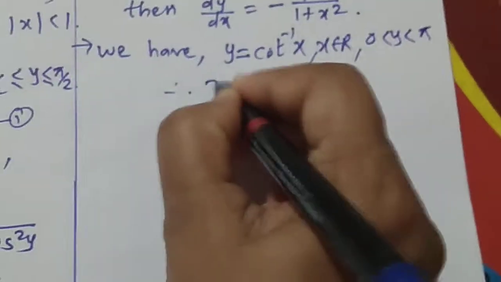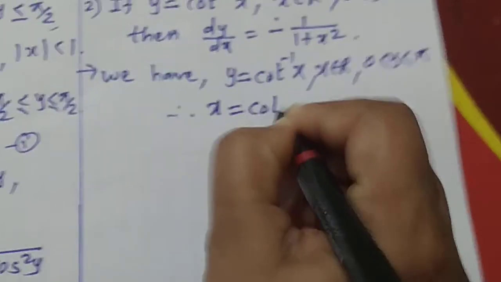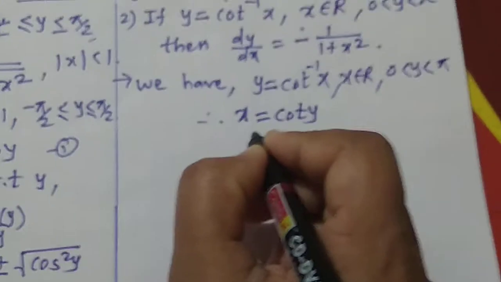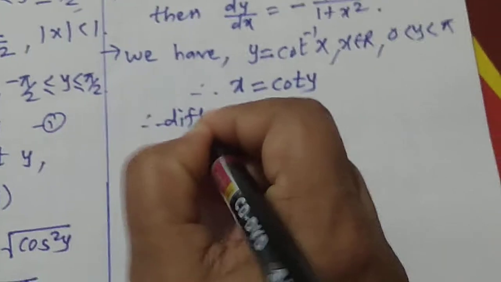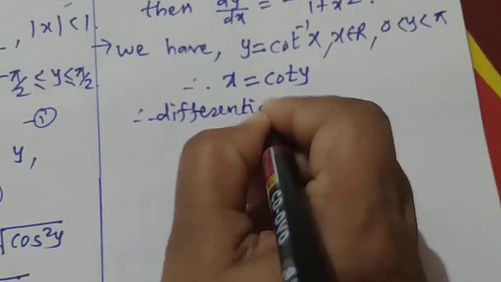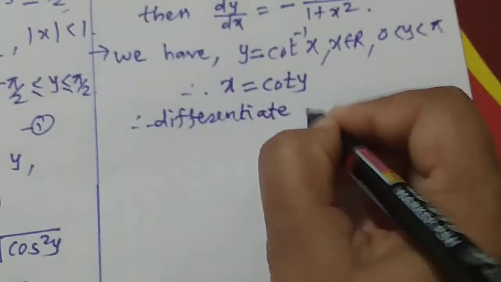It can be written as x is equal to cot of y. Therefore x is a function which is given in y variable. Therefore differentiate x with respect to y.